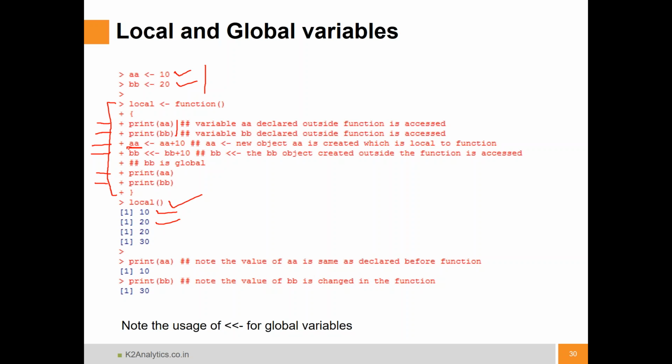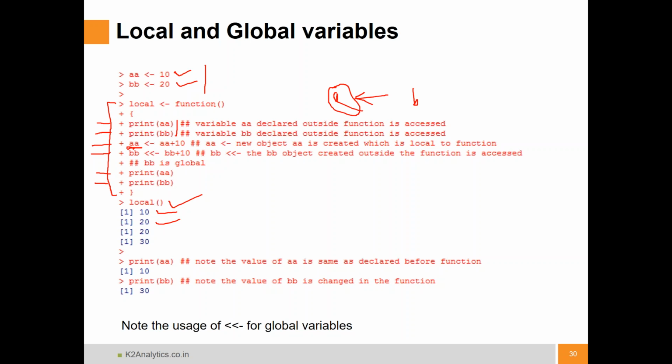Now this variable, where is it created? Inside the function. So the scope of this AA will be inside the function. See, when you write something on this side equal to something here, a variable gets created.